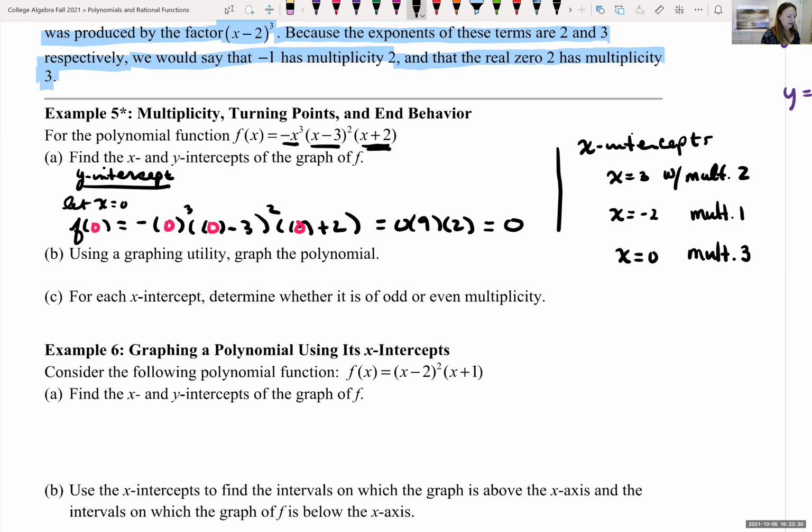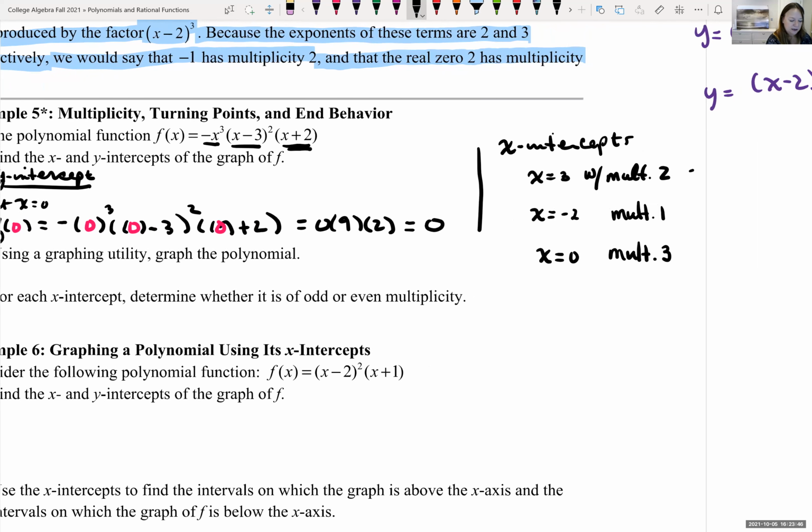Okay. So use the graphing utility to graph the function, and for each x-intercept, determine whether it is odd or even multiplicity. Well, we already stated the multiplicity. So x equals 3, this is an even multiplicity. X equals negative 2 had multiplicity 1, so this is odd.